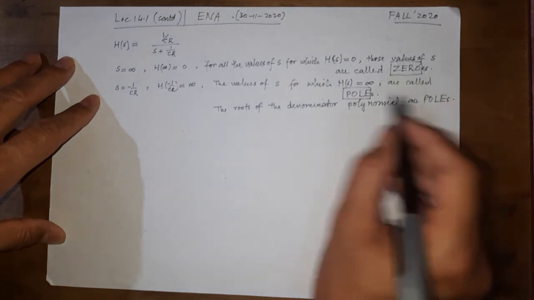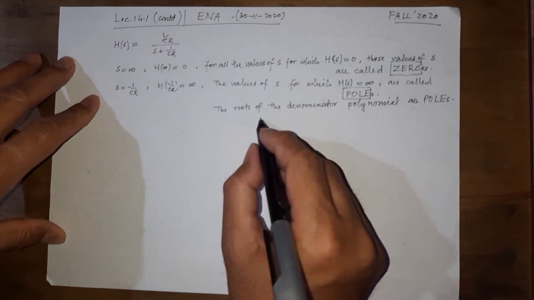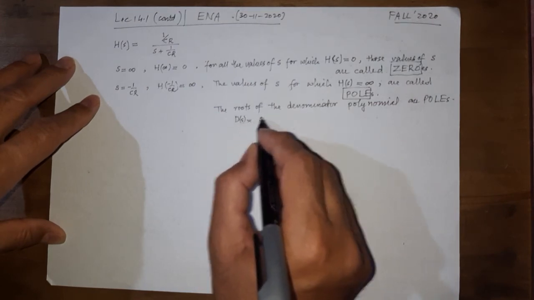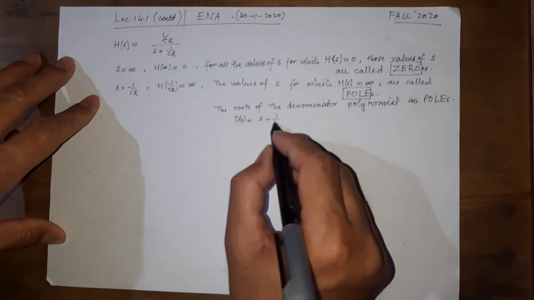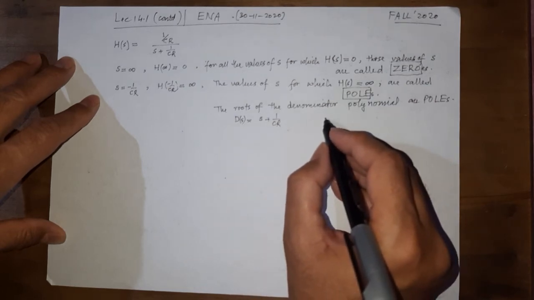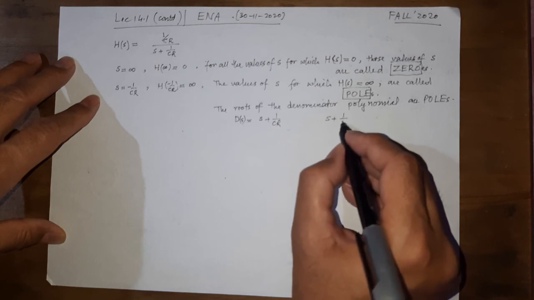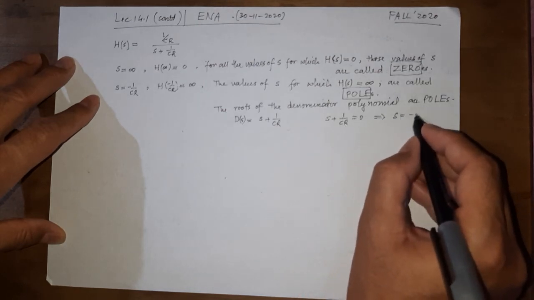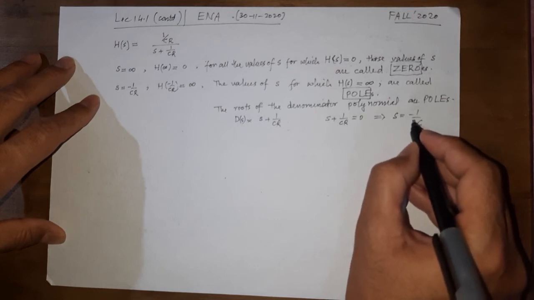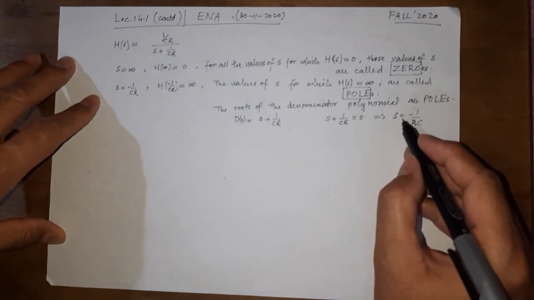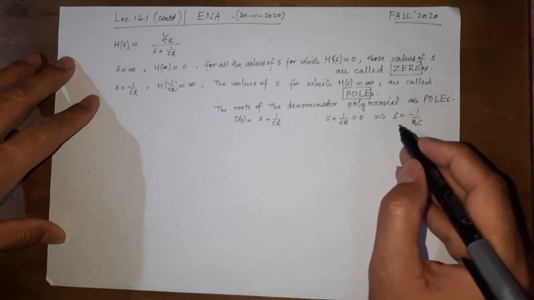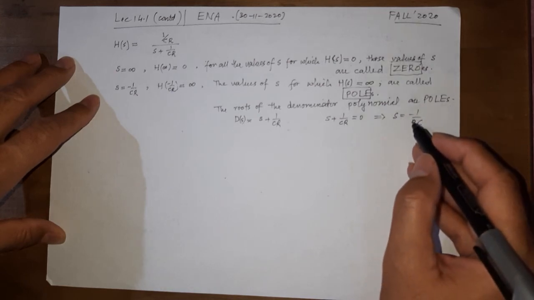So for example, in this expression, the denominator polynomial, let us write it as d of s, is s plus 1 over CR. In order to find the roots, we need to equate this to 0, and we can see that this gives us s is equal to minus 1 over RC. So you see, this value is a pole. Why? Because the function rises to a large value at this point.